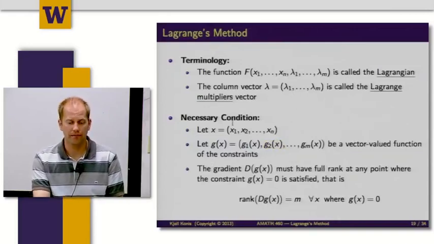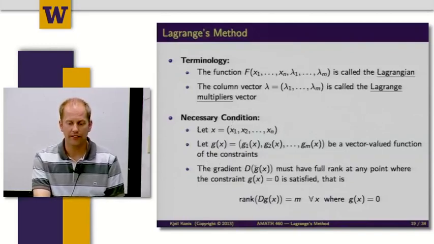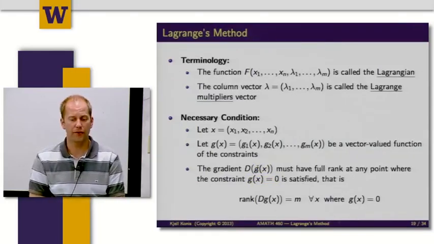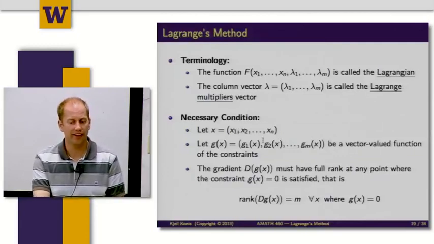Then the gradient. Remember that if I have a vector-valued function, the gradient is now going to be a matrix. The gradient of this vector-valued function g of x has to have full rank at any point where the constraint g of x equals 0 is satisfied. So you have to figure out what this gradient matrix looks like, pick a point that satisfies g of x equals 0, then evaluate the gradient at that point.